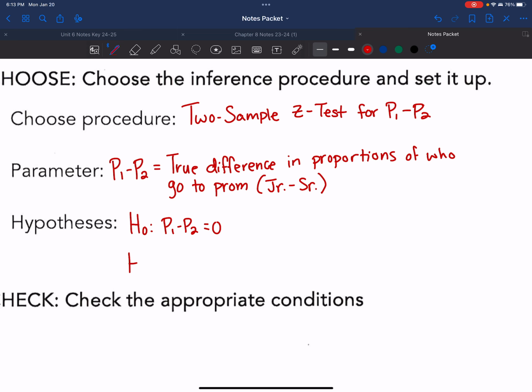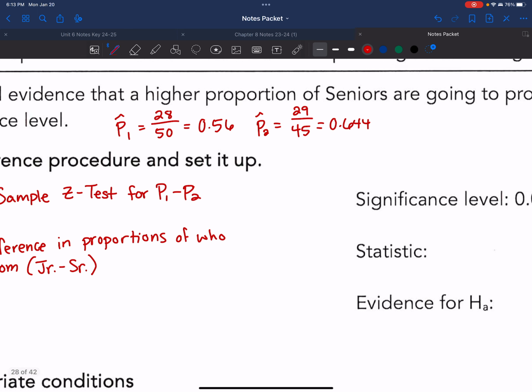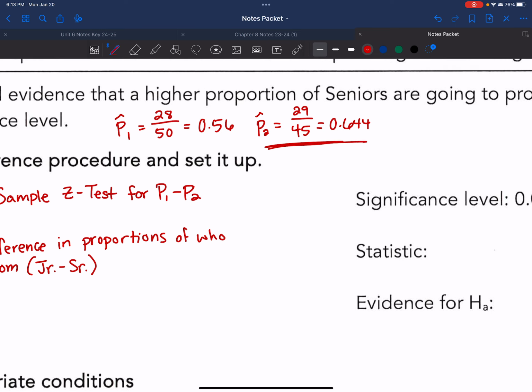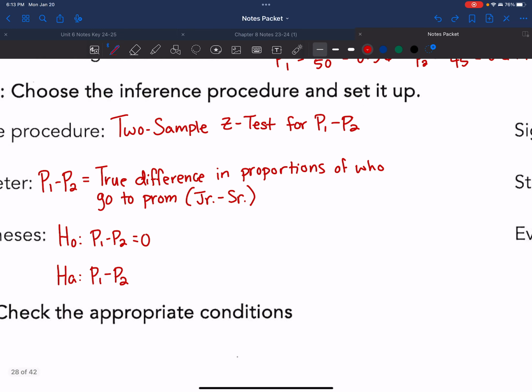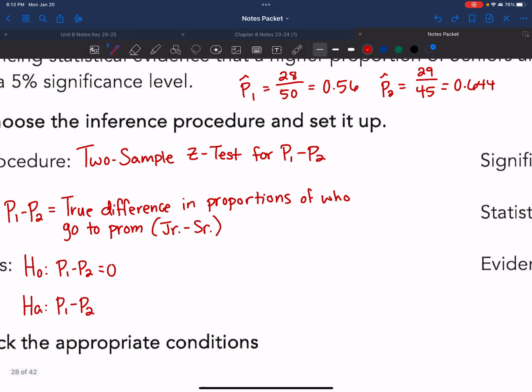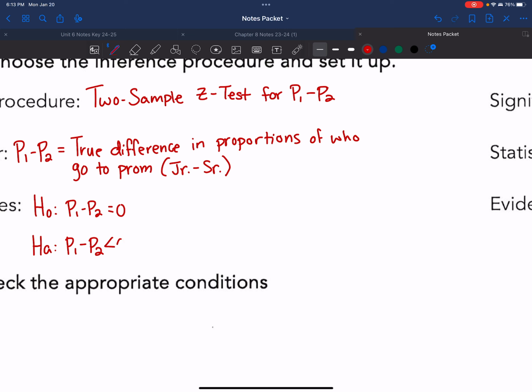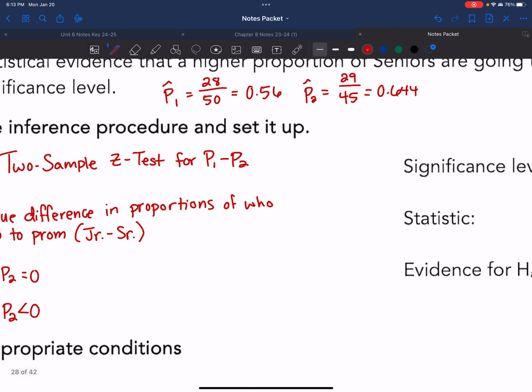And then your alternative is where you see a difference, right? So p1 minus p2 is something else. Well, based on these two proportions here, 0.56, 0.644, it looks like we have more seniors going than juniors. So if I'm doing p1 minus p2, based on our sample, it looks like it should be less than 0. Because if I subtract these, I would get a negative number, right?